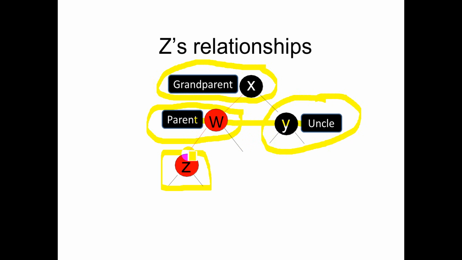Z's parent and this Y have the same parent, so Y is the uncle of Z. That is the point. Now we can see what scenarios or cases we may encounter while inserting an item.